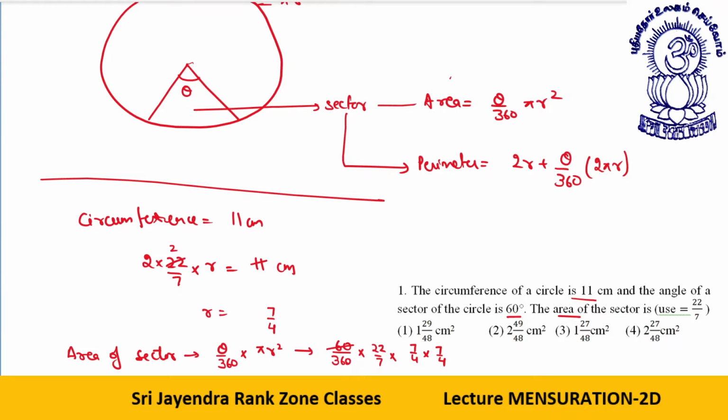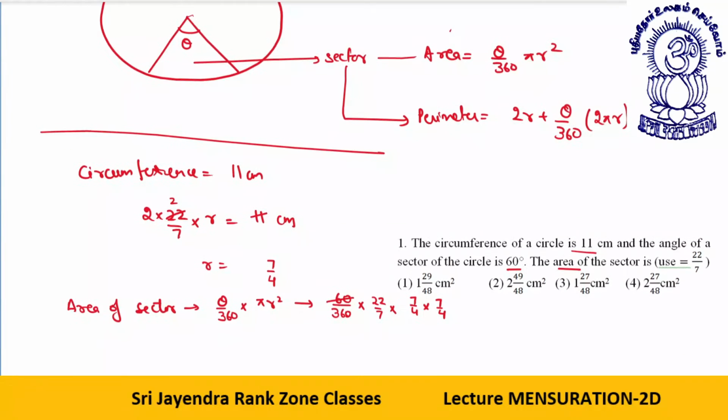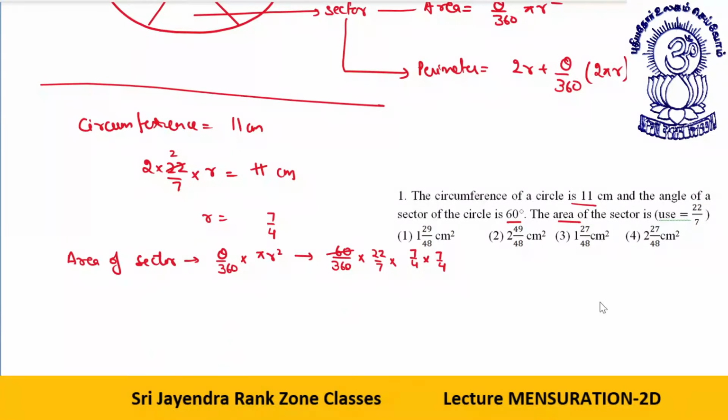This comes out to be 1 by 6. 7 and 7 cancel. This 22 I further cancel. This gives me 3, this gives me 2. I'm sorry, this is 11. This won't be 2, this will be like this only. 11. Theta by 360 into pi r square.